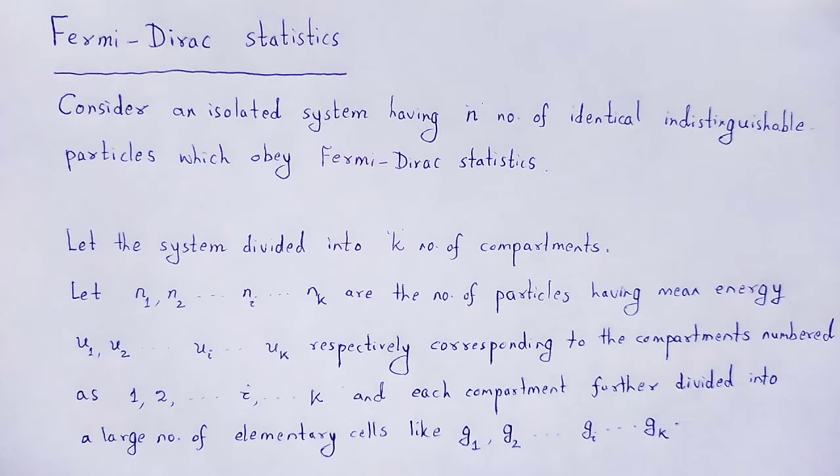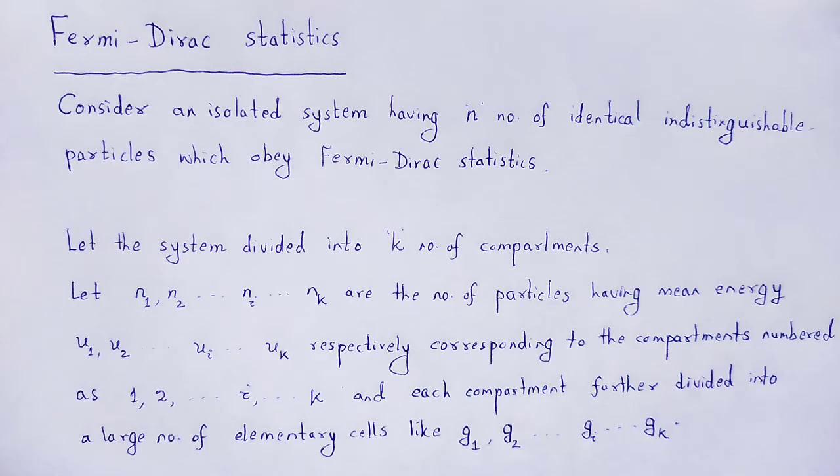And these particles obey the Pauli exclusion principle. What is the Pauli exclusion principle? No two particles may occupy the same state at the same time, meaning in a single energy level we have only one particle, not two or more identical particles within that single energy level.